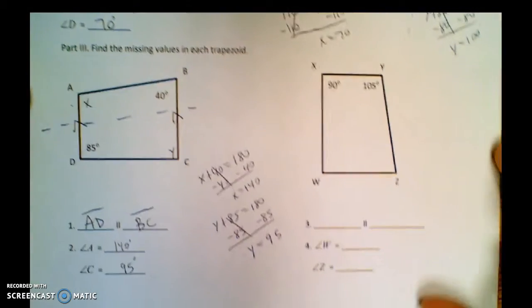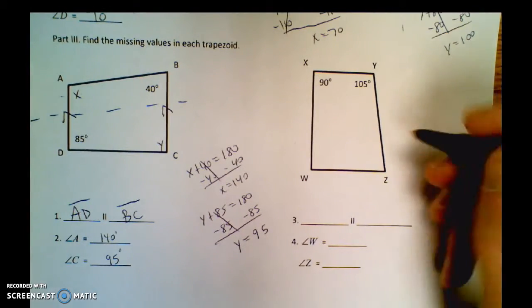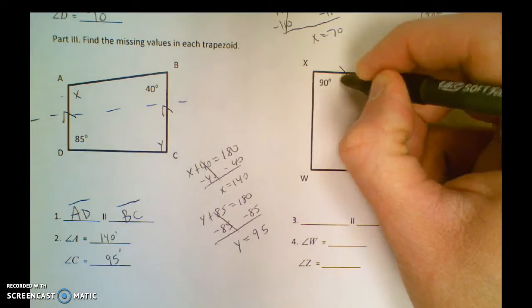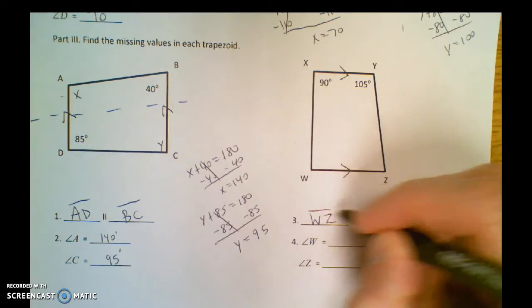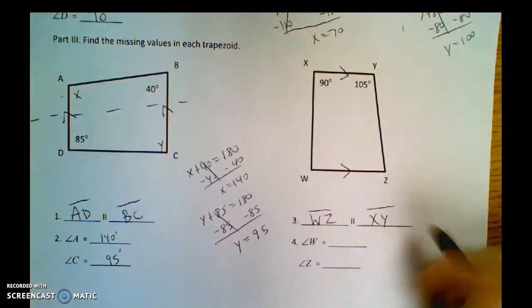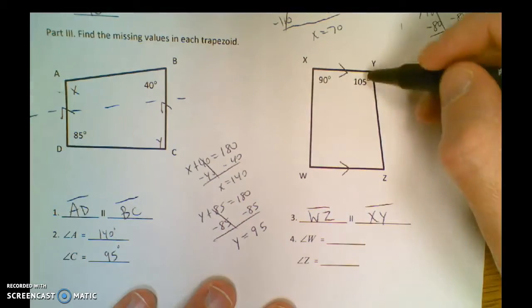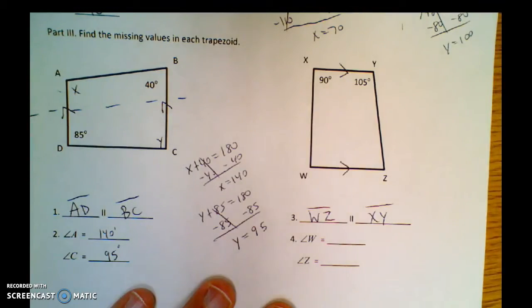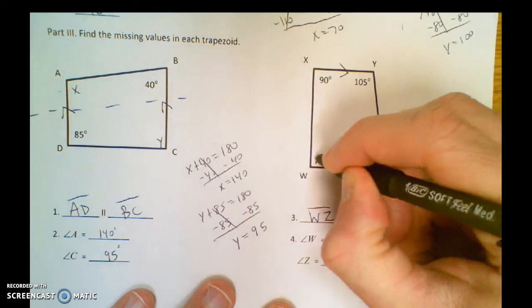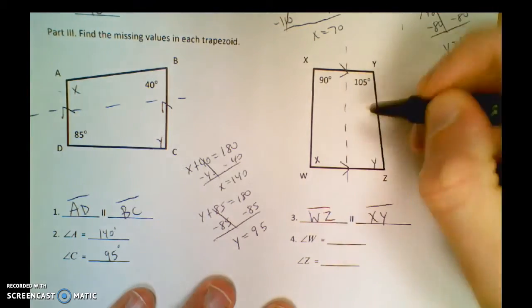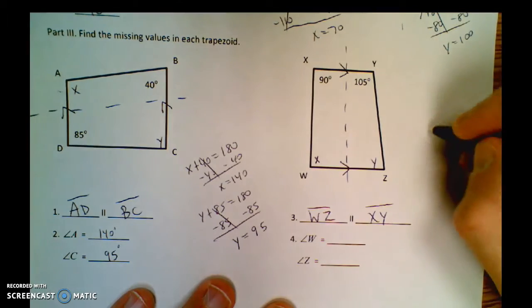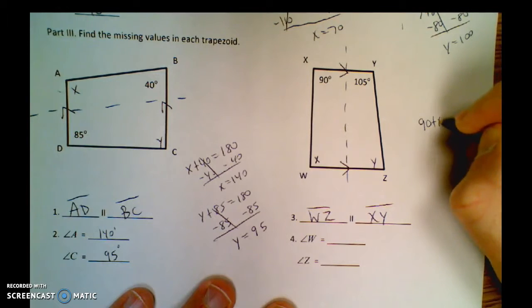So looking at the next problem, W, Z, and X, Y are parallel to each other. So to find the missing angles, I split it in half, and I focus on one side. So 90 plus x equals 180.